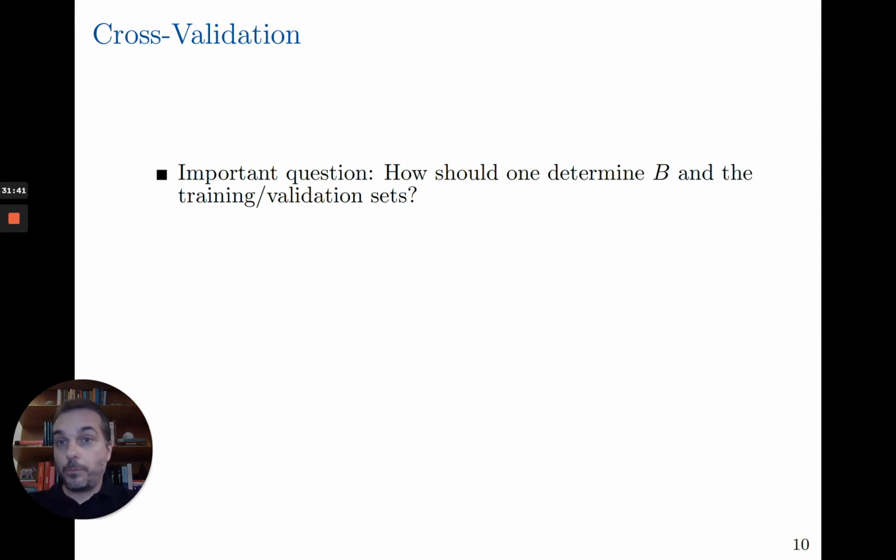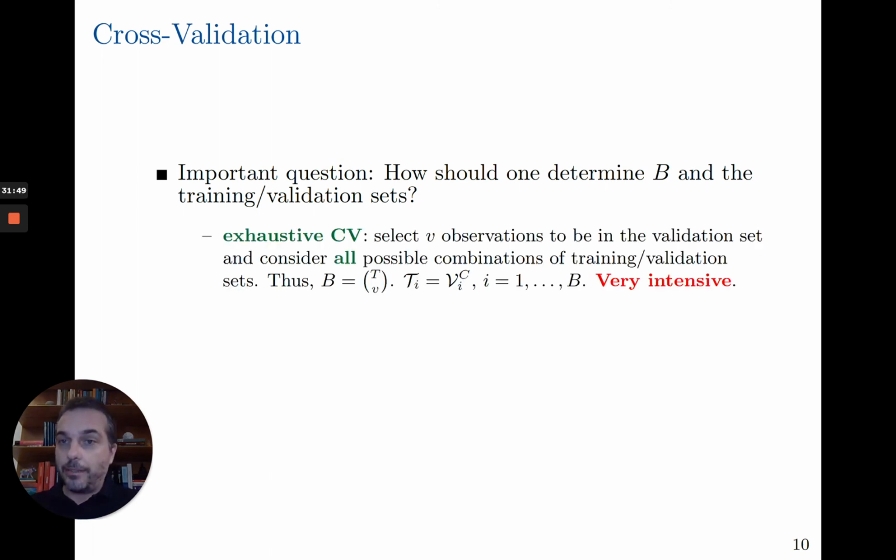So, some questions. How should we determine B and the training validation sets? Okay? What we can do is what we call exhaustive cross-validation, where we select V observations to be in the validation set and consider all possible combinations of training and validation.